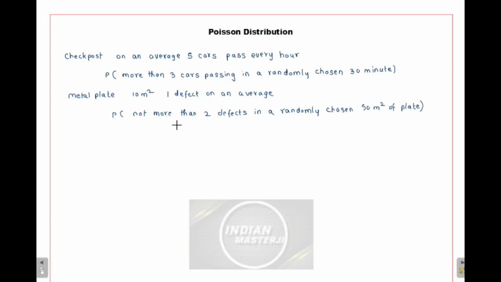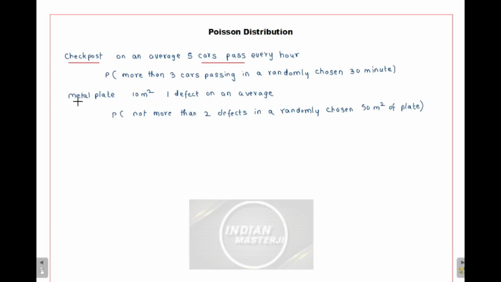Here we have introduced the number of occurrences of a certain thing, something called an event. We are talking about a check post, and through this check post the cars passing. So the event is that cars are passing through the check post.